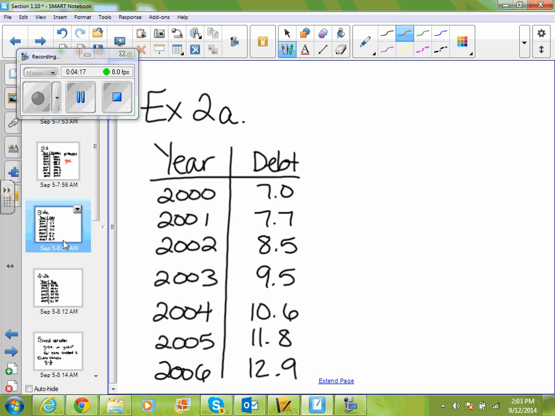Okay, so if we look at our second table, we have years and debt. And so go ahead and go back to your stat edit and edit that list to fit this data.